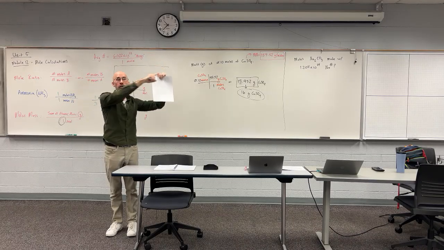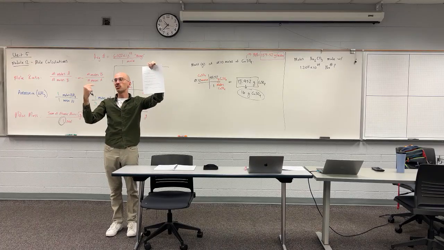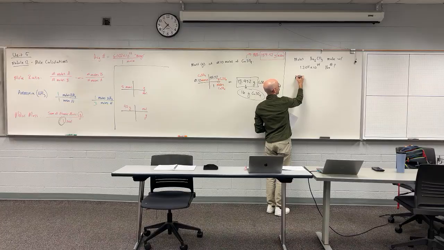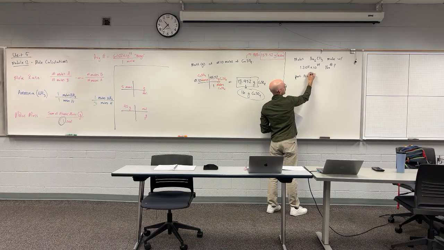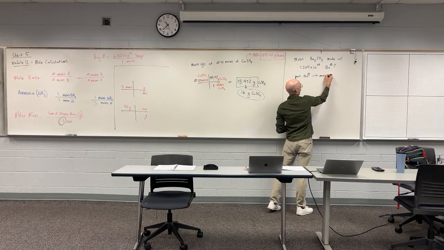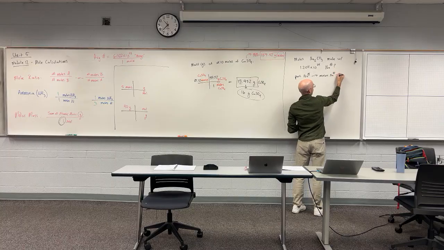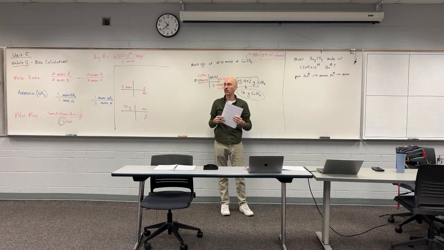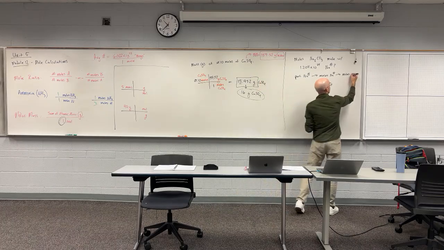So I'm going to go from particles of sodium ion to moles of sodium ion, and from moles of sodium ions, where do I want to go from there? I want to go to moles of sodium carbonate.